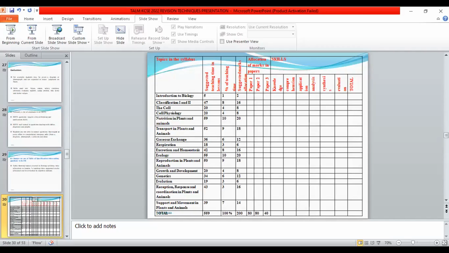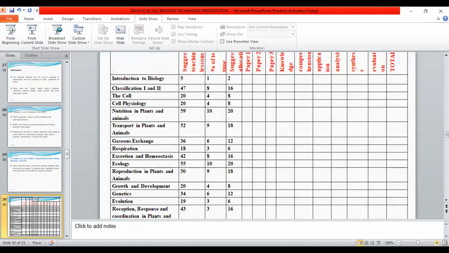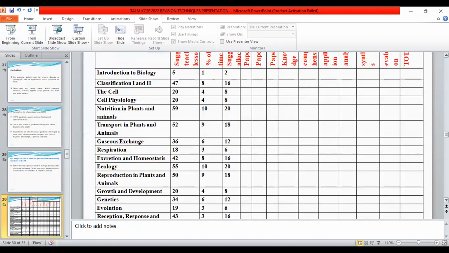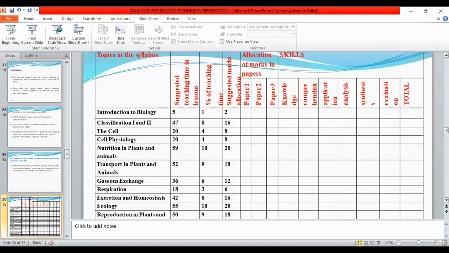This table of specification is very important to us as teachers. For example, take a topic like cell physiology. When we are setting the end of term exam, which is made up of 3 papers, this topic has only 20 40-minute lessons, 4% of the entire teaching time for the biology syllabus, and an allocation of 8 marks.